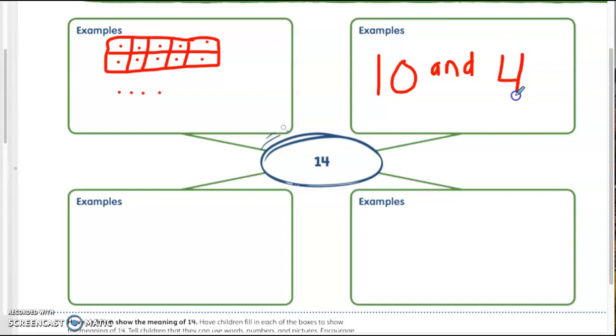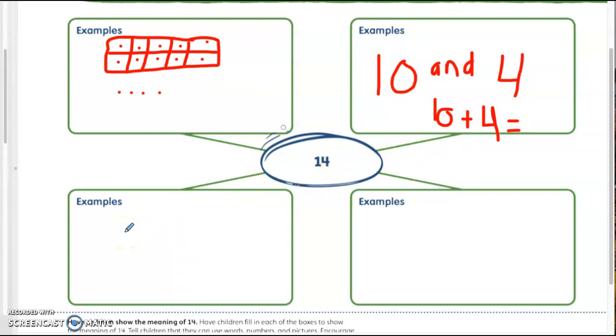So what's that problem saying to us? 10 plus 4 equals 14, right? That would be the equation to that problem.